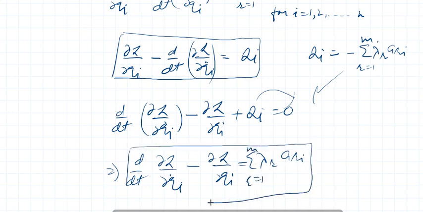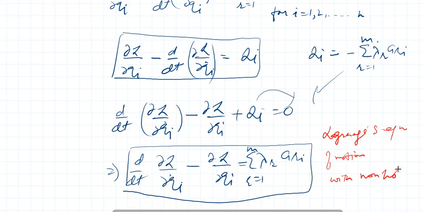So this is the required equation, Lagrange's equation of motion with non-holonomic constraint. Right. So that's all for this lecture.